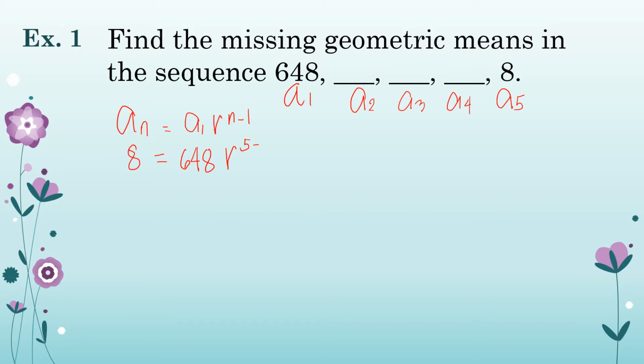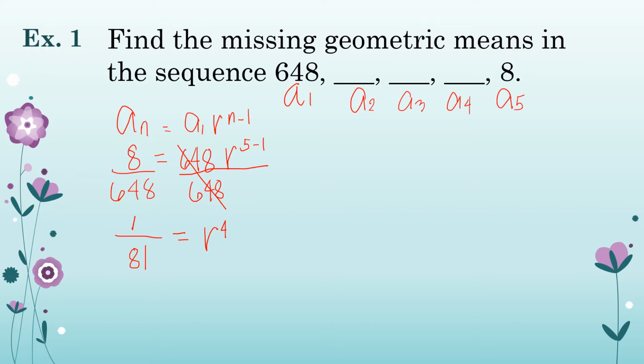So 5 minus 1. So simplify this. What will we do? We're going to divide both sides by 648. So this will be cancelled because the quotient is 1. What about 8 over 648? You can simplify that as 1 over 81. So that will be equal to r raised to the 4th power because 5 minus 1 is equal to 4.